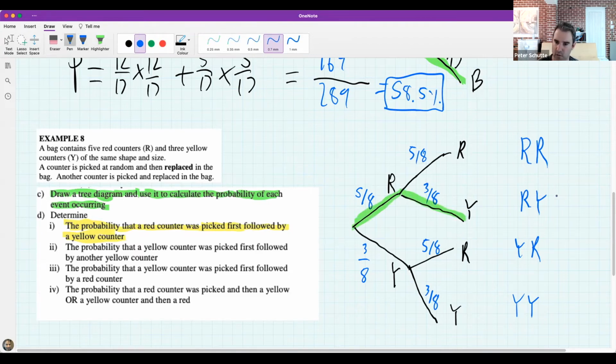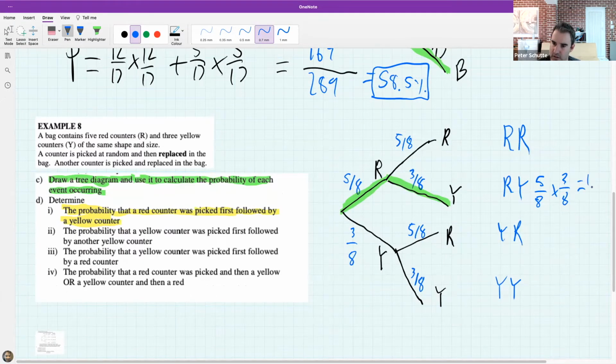So my answer would be 5 over 8 times 3 over 8, which is going to be 15 over 64. Let's move on to the second one. What's the probability of a yellow followed by a yellow? Pop that in your chat.